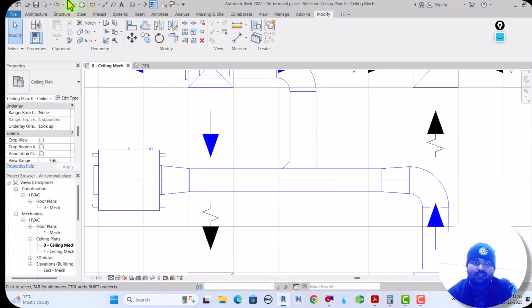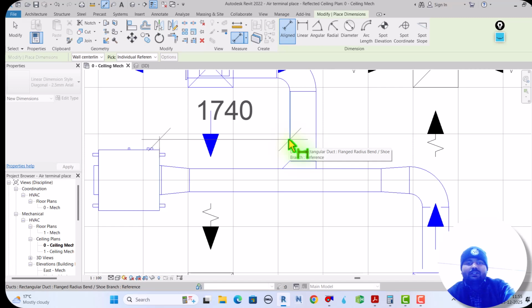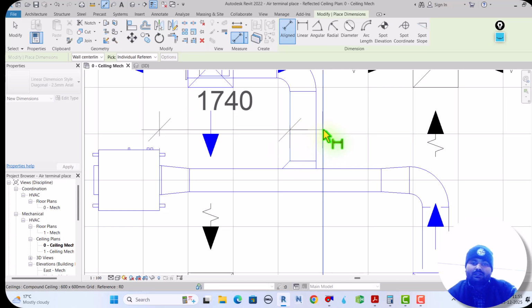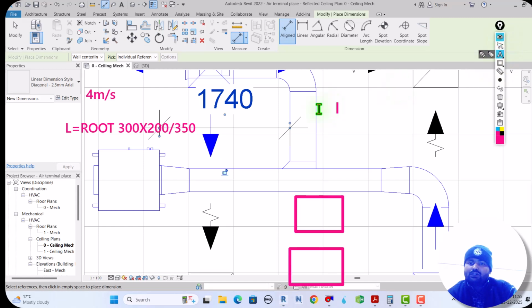So from here to here, how much distance? It is greater than 700, right? This is 1740, but as per the effective duct length, it should be 700 mm. Okay, this is the minimum length. This branch we cannot take less than 700 mm.